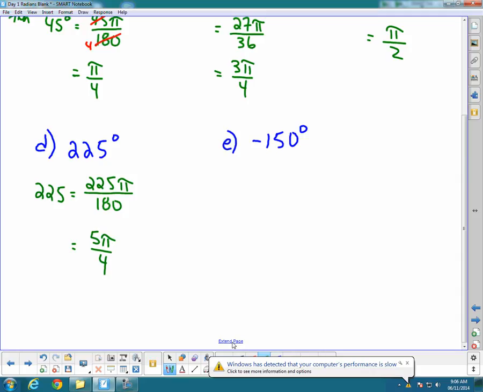But for our purposes of conversion, it's still just negative 150 pi over 180. I can do a real easy simplification there and divide them both by 10 and get negative 15 pi over 18. And I think they both divide by 3, and I can get negative 5 pi over 6. Okay?